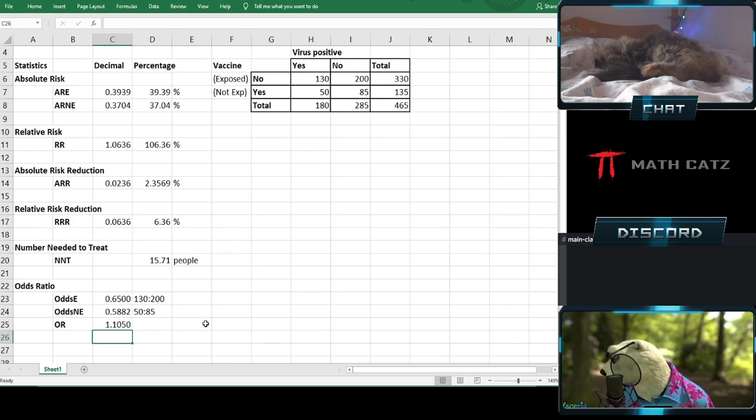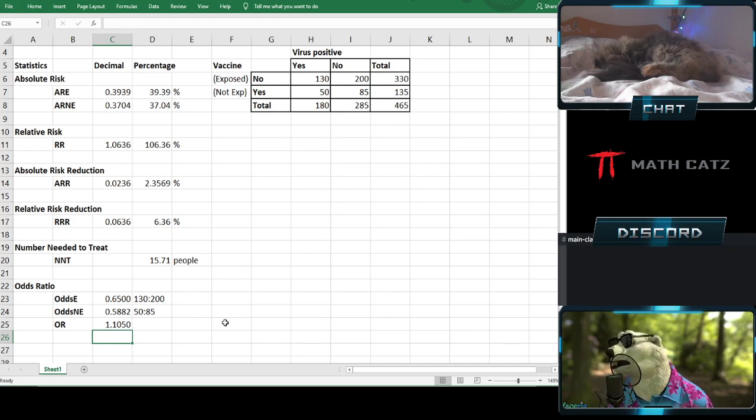And that very small effect of the risk factor will correspond to the odds ratio being very close to the relative risk. And in this case, let's just interpret the odds ratio.